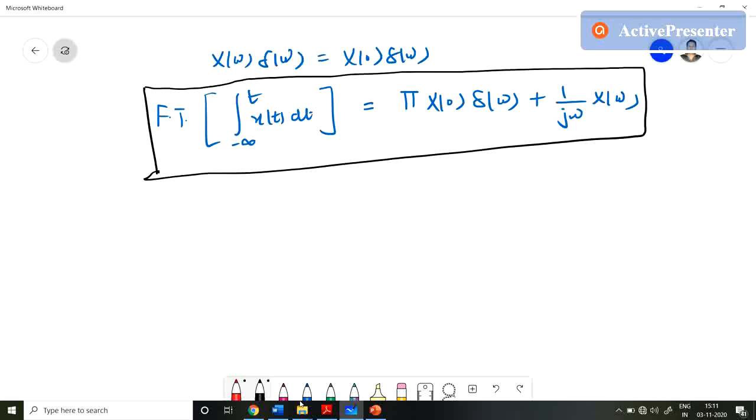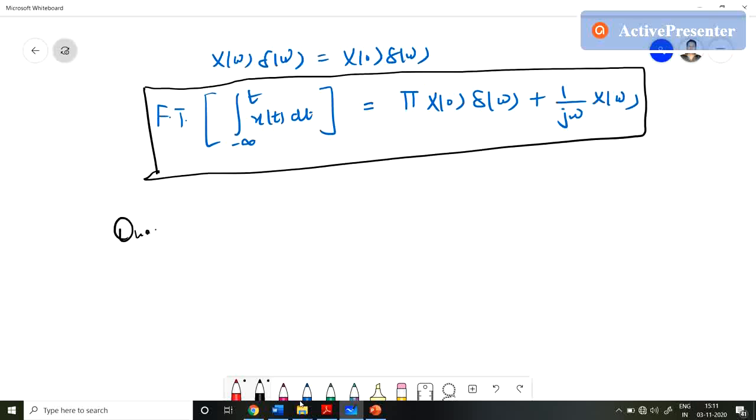Now we can write this in terms of f also. If we just divide by 2 pi, it will convert into f. So we can use this integration property and find the Fourier transform of u(t).